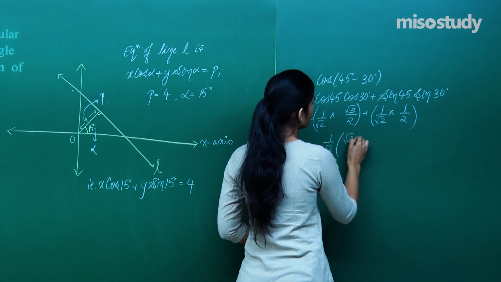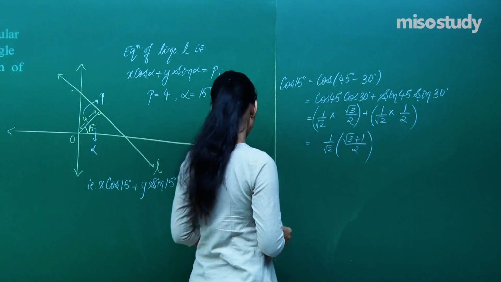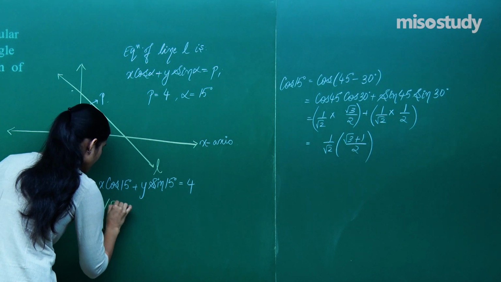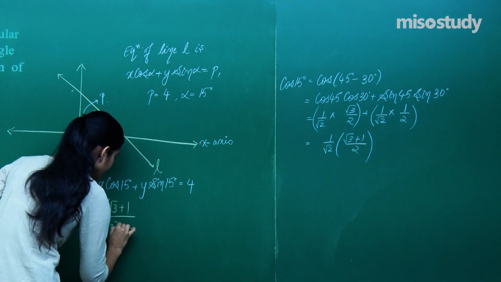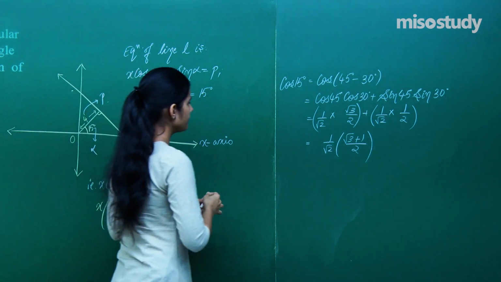You are left with root 3 plus 1 by 2. So eventually you have got root 3 plus 1 by 2 root 2. So cos 15 is root 3 plus 1 by 2 root 2. Sin 15.